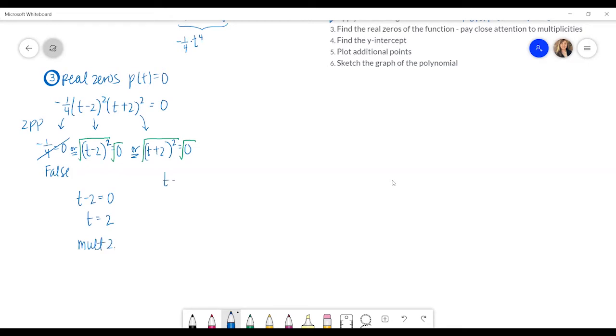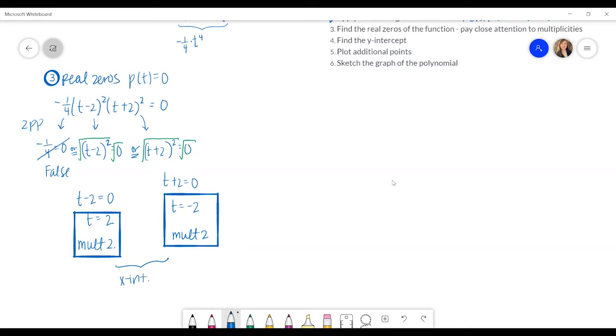And then you end up with t plus 2 is 0, which means t is negative 2, also multiplicity of 2. So these two together represent both the x-intercepts and the real zeros. Those things are synonymous with each other, okay?